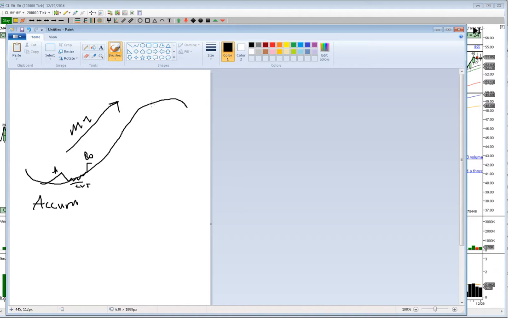Over here at the top, what's going to happen is you're going to have your sign of weakness, which is also called distribution or change of behavior. Then again, they're going to test to see if they got everything. Nope, there's nothing left to buy. Low volume testing means there's nothing left to buy.